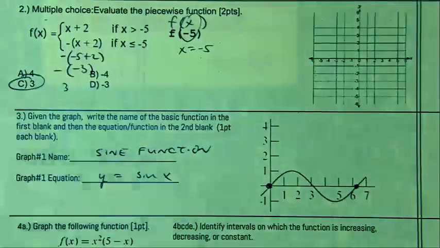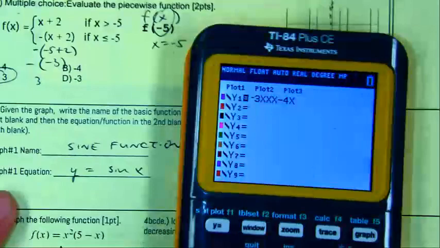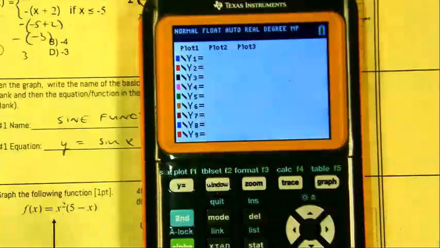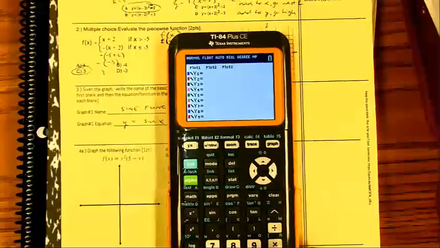As some of you guys are asking how to graph either of these, let's put those in and show you guys. Zoom out so you can see the calculator commands.